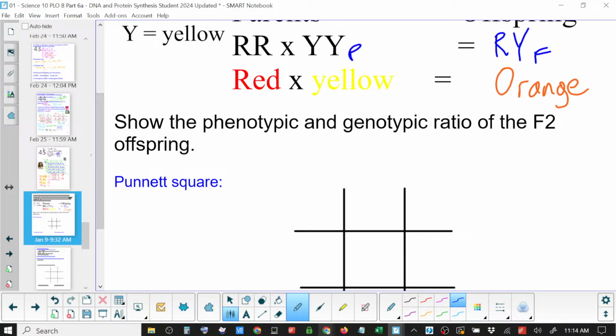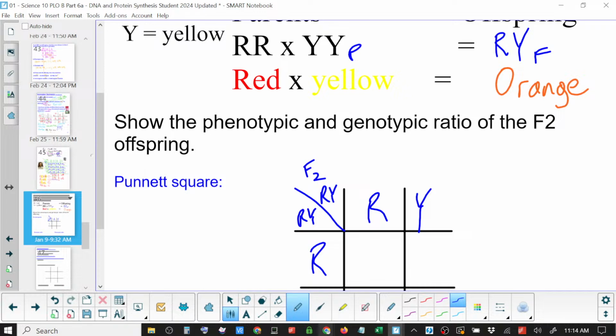We want to make the F2. Ariel, what do I put across the top and the sides? It's RY. R and then Y. And then across the bottom? And then it's R.